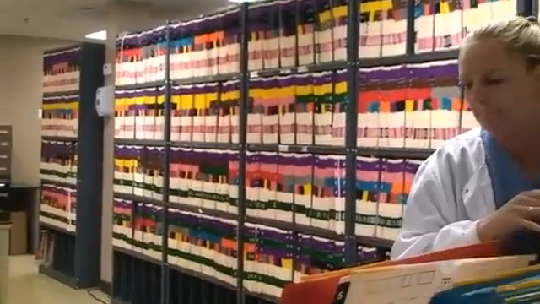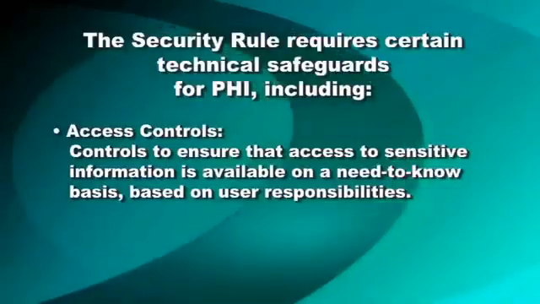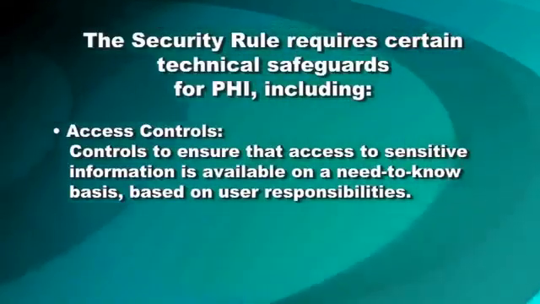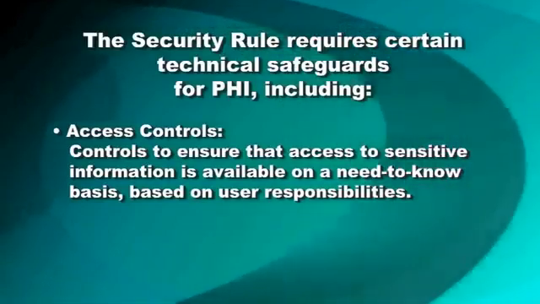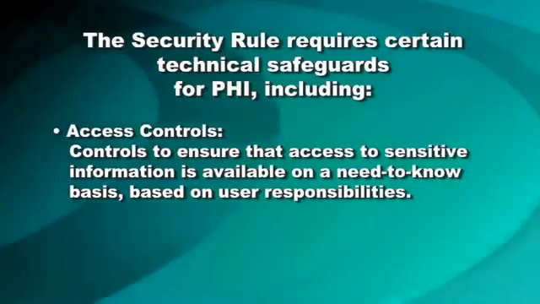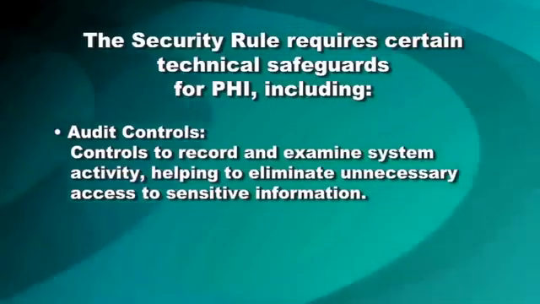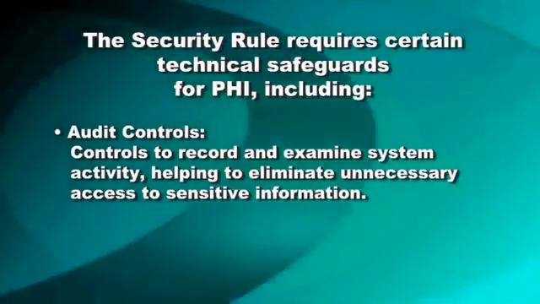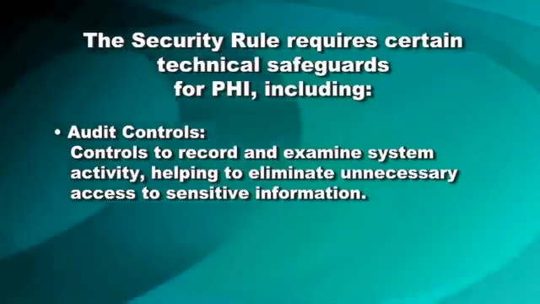Finally, the security rule requires certain technical safeguards for PHI, including access controls: controls to ensure that access to sensitive information is available on a need-to-know basis, based on user responsibilities. Audit controls: controls to record and examine system activity, helping eliminate unnecessary access to sensitive information.